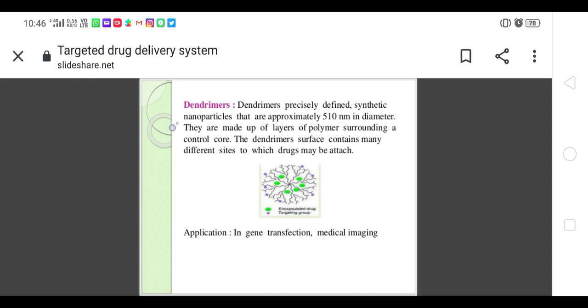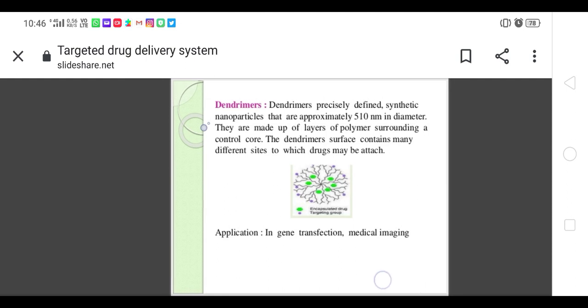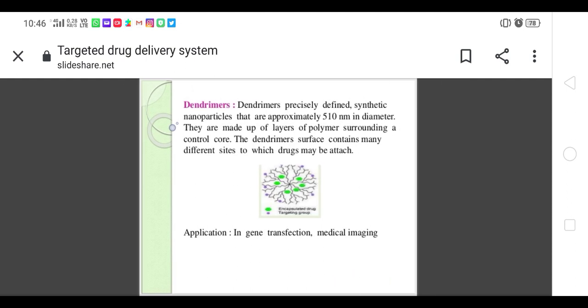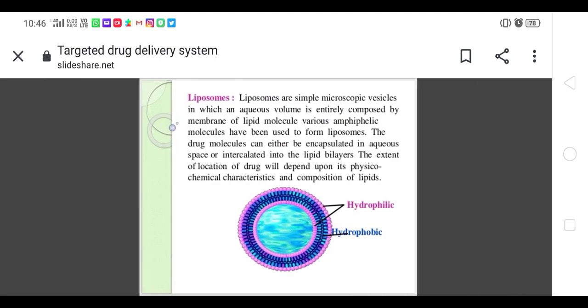In the center we have a core which is surrounded by the dendrimer or polymer layers. The dendrimer surface contains many different sites on which the drug can be attached. Alright. So in gene transfection and medical imaging, the dendrimers can be used.